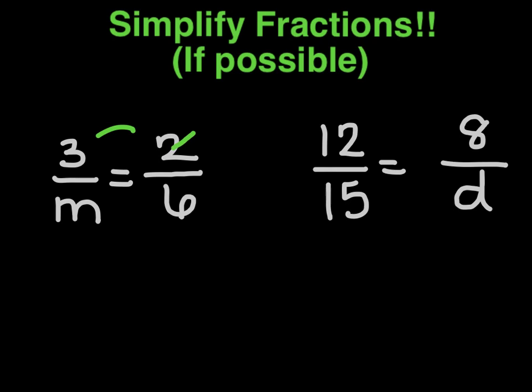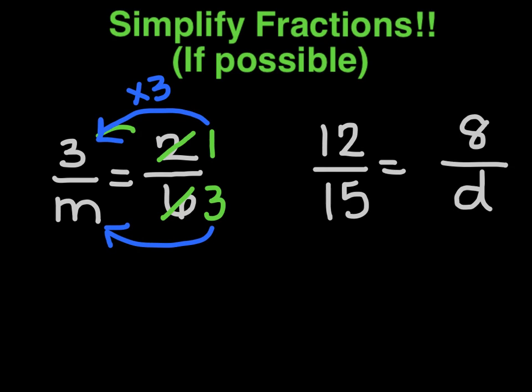If you simplify 2 over 6 by 2, you get 1 over 3. Now, there is an easy relationship that exists there. To go from 1 to 3, you multiply by 3. So then to get m, going to the left, you simply multiply by 3. So you take 3 times 3, and m is equal to 9.